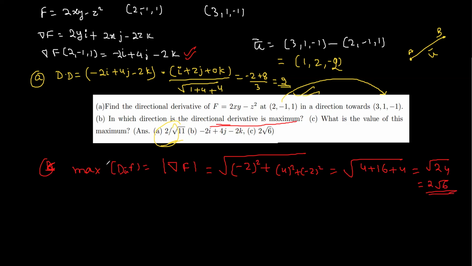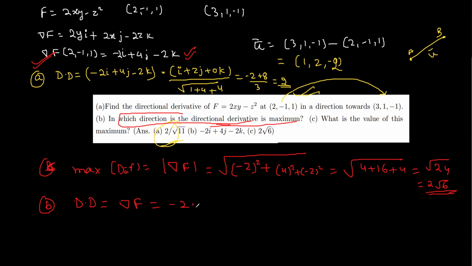This is the formula for finding the maximum. Whenever you are asked to find the maximum directional derivative, take the absolute value of this. Absolute value means take the modulus. And whenever you are asked in which direction the directional derivative is maximum, I am doing the B part. So in which direction? This is the actual answer. Grad f is the correct answer.